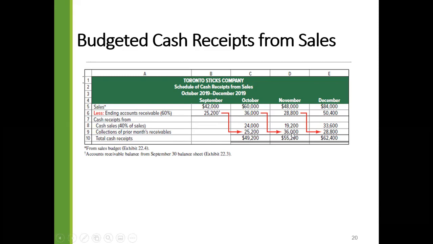That's the collection from the prior month's receivables. And then we look here in November, 28,800 of those customers are going to pay in November. So that's our collections for November. We have to keep that in mind. And again, just like it said at the beginning of the PowerPoint, generally it's based on historical data, or what happened in the past, and that's how we set up our budget.